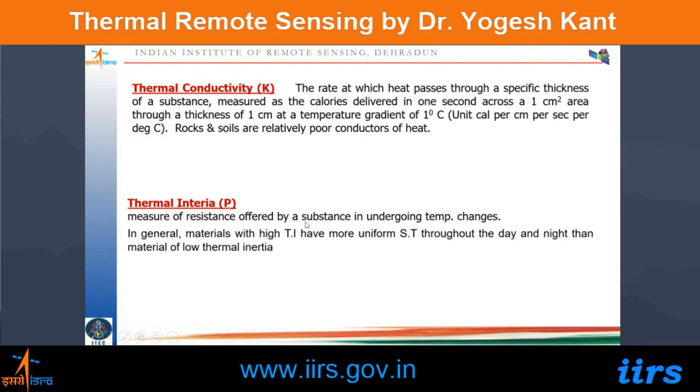To understand different materials in an unknown area, and also if you want to understand the diurnal variation of any features on the Earth surface. Diurnal variation means the variation of the surface temperature with respect to time, whether it is hourly variation in a day, a daily variation, or a weekly variation. That variation one can understand.